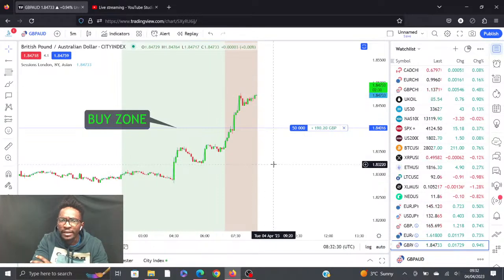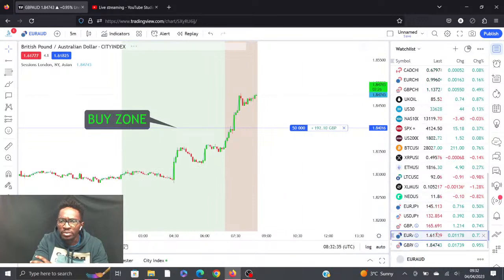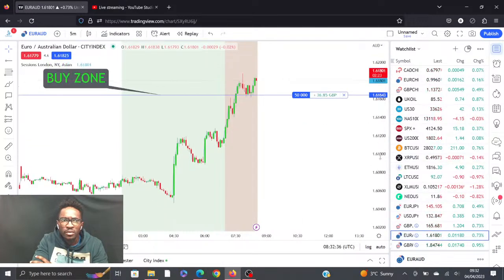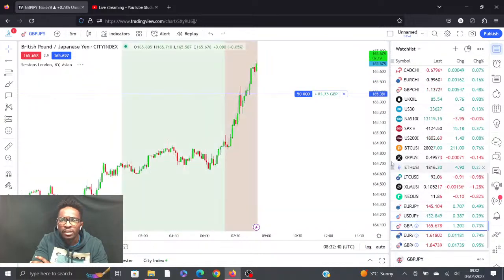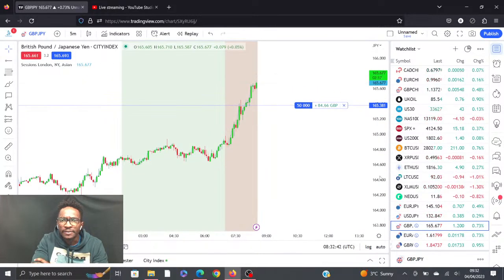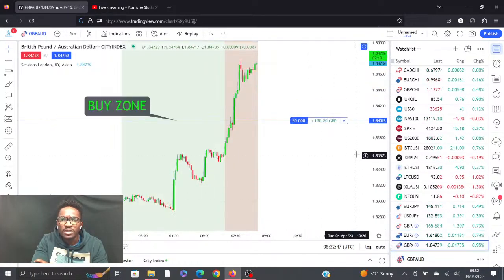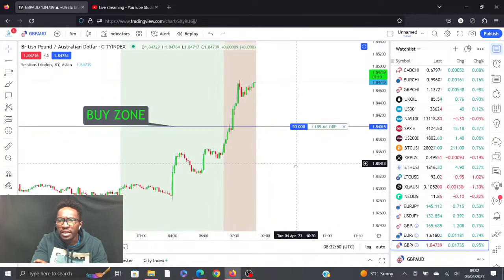As you can see, all three positions are currently in profit. Euro Oz is finally starting to move, and the GBP yen is starting to move as well. But so far the pound Oz is the biggest mover of the day.